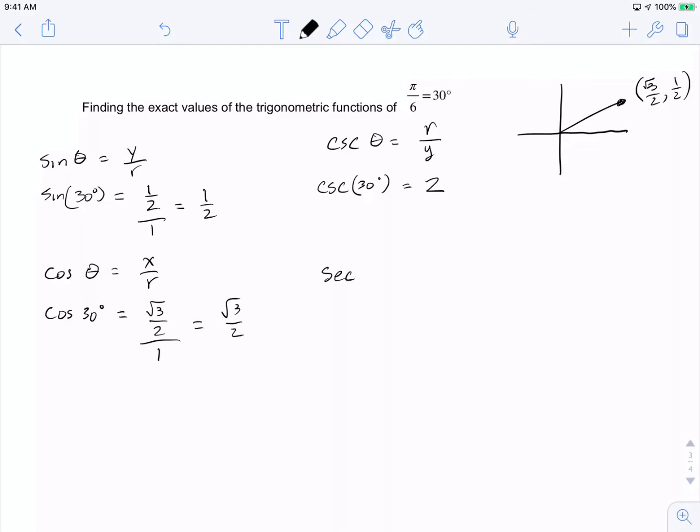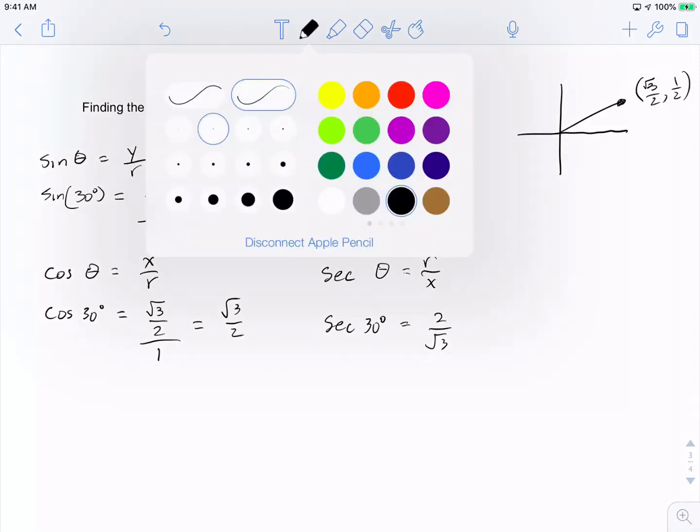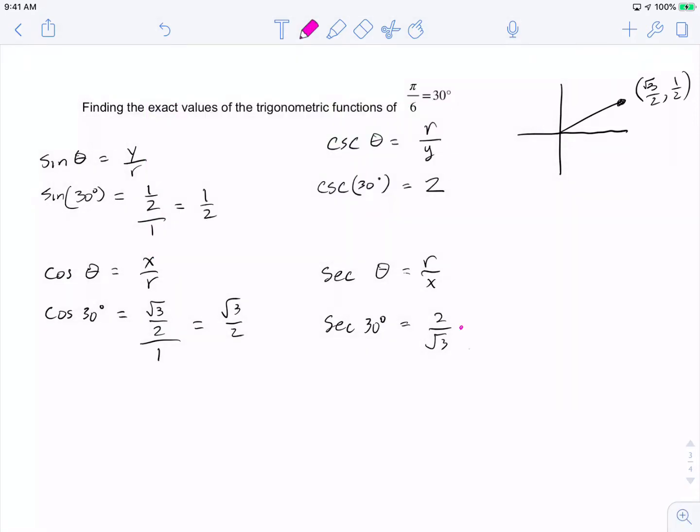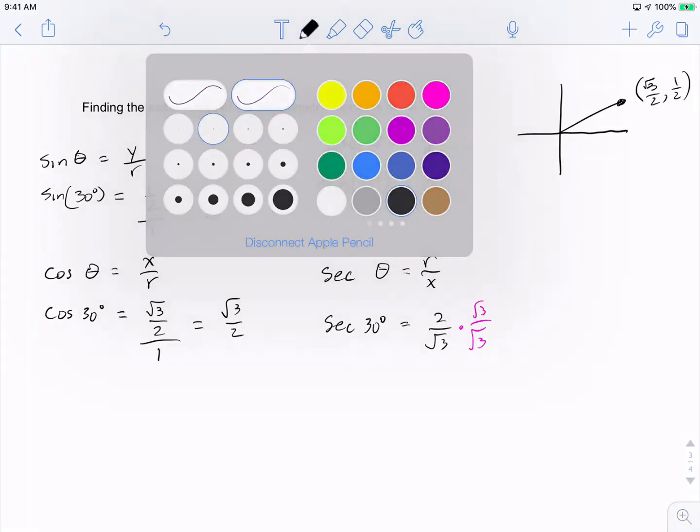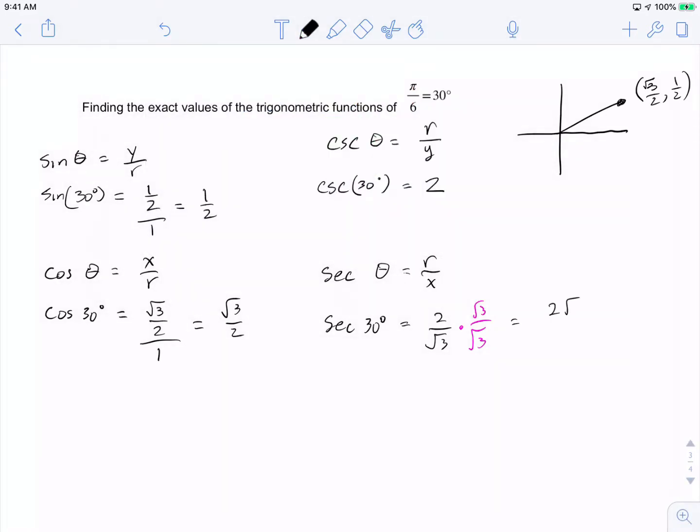Secant is the reciprocal, so you can see that's going to be r over x. So secant of 30 degrees is going to be 2 over radical 3. It's just flipping the fraction, but again, we don't like to have radicals, so we're going to multiply by radical 3 top and bottom, and we'll get 2 radical 3 over 3.